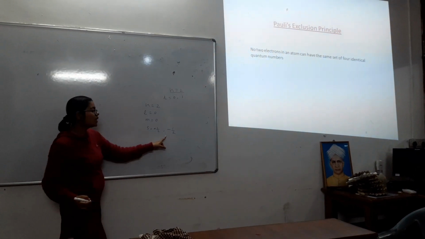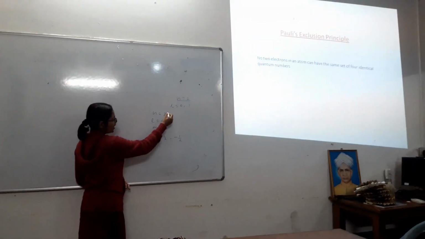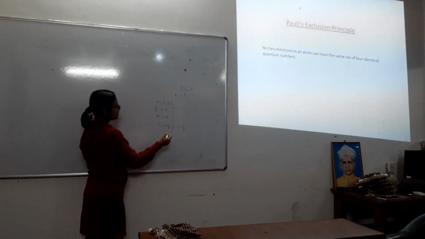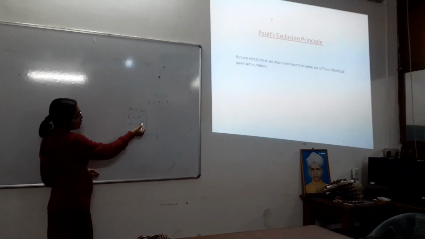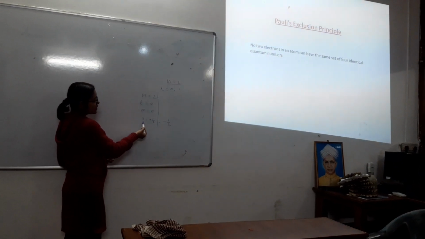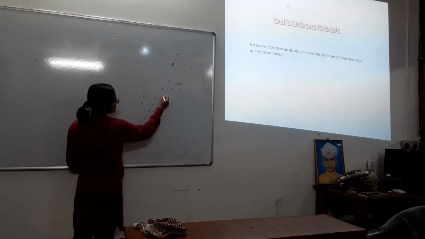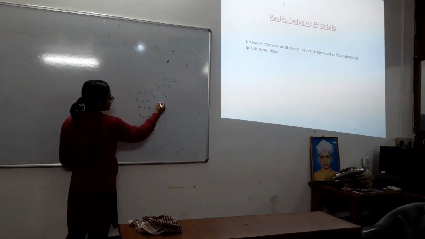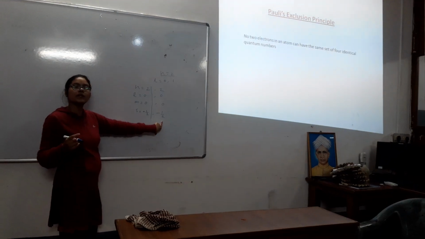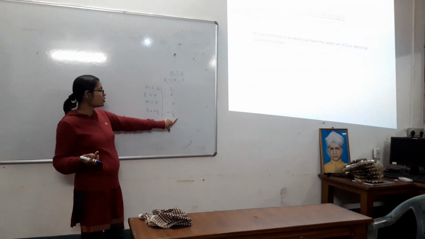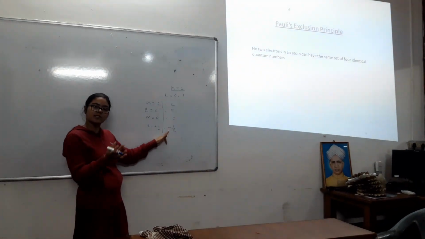So there are two electrons in this set. One electron has n equal to 2, l equal to 0, m equal to 0 and s equal to +1/2, and the other electron has n equal to 2, l equal to 0, m equal to 0, but the spin value is different, that is -1/2. So they are not identical. Their spin values are changed.